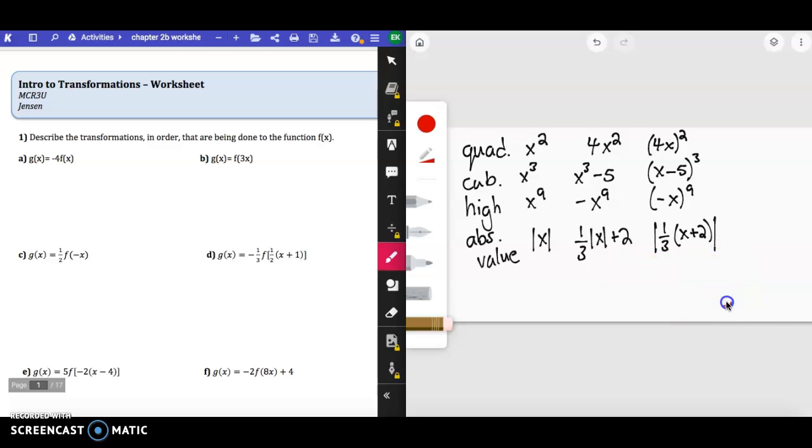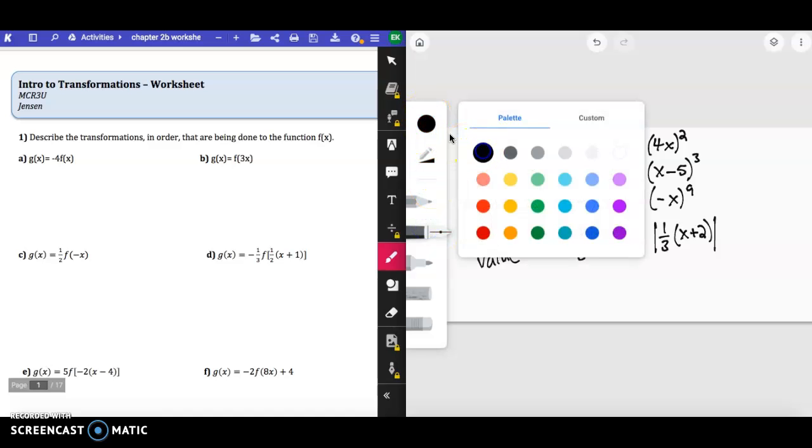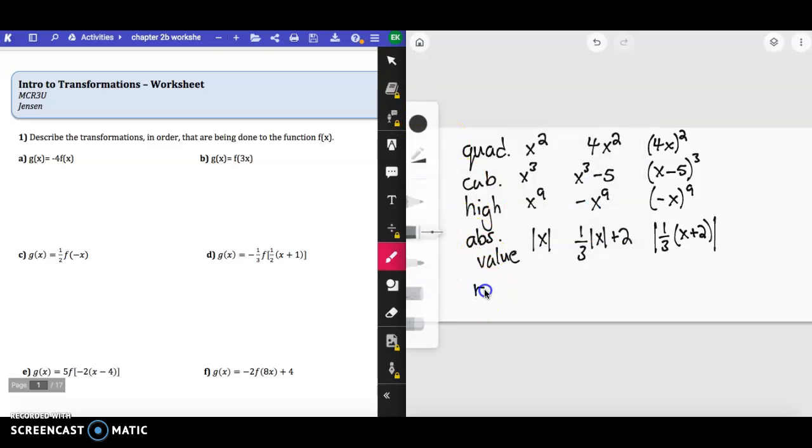Let me do another example. Since I just talked about a radical, we'll go ahead and do a radical one next. So if you have a radical, this is a typical radical equation. And let's do a negative radical, and then an x, and then we'll stick a 2 in front.